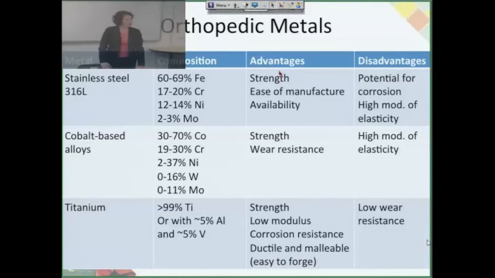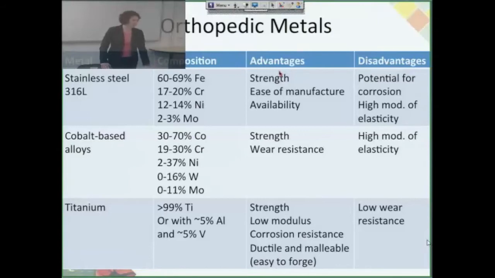There's some disadvantages, especially for stainless steel and cobalt-based alloys, and that's that they have extremely high moduli of elasticity, extremely high Young's moduli compared to cortical bone. So we'll get into more details about that a little bit later, but the underlying problem is basically just that it's a mismatch of mechanical properties with bone.